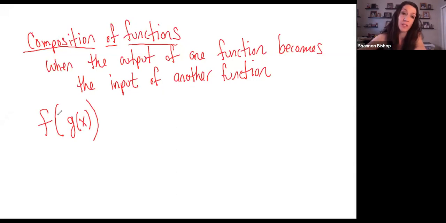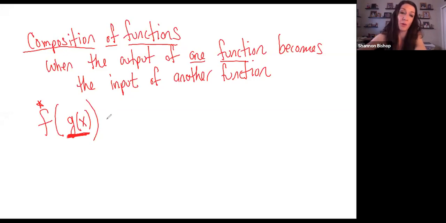But notice this time your input inside the parentheses, your input to that function named f, is actually a whole other function that has its own input and output, input x, output g. So you're not just plugging in one thing to f; that one thing is actually the result of this other function named g.